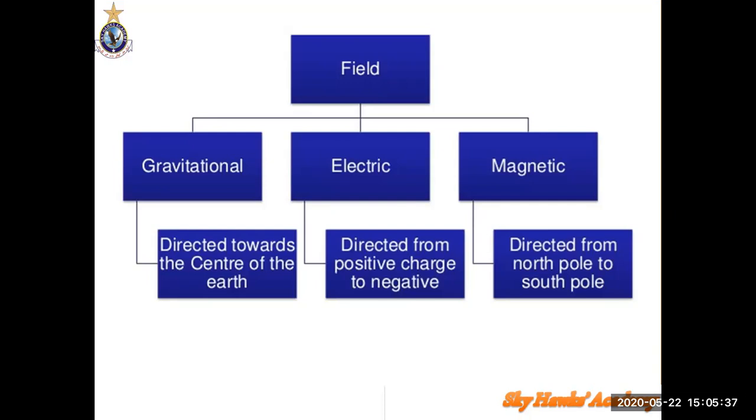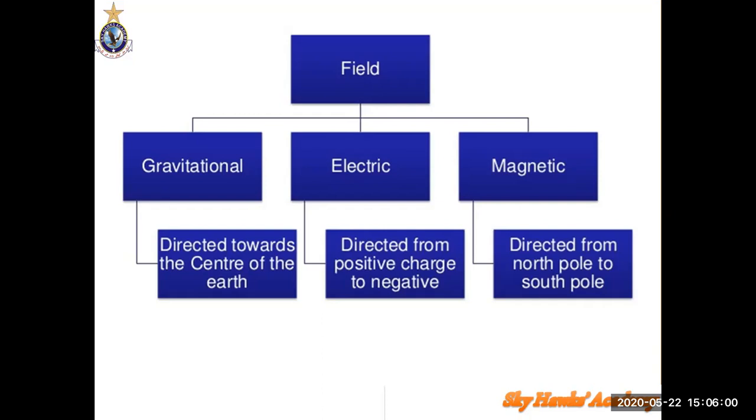There are three types of field: gravitational field, electric field, and magnetic field. Gravitational field directs towards the center of the earth, electric field directs from positive charge towards the negative, and magnetic field directs from the north pole to the south pole. If a body is charged, it will create a field.